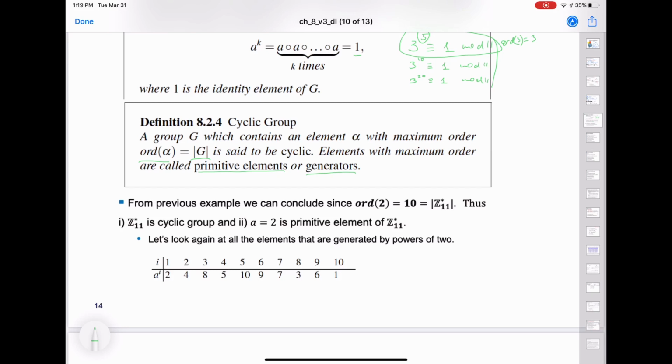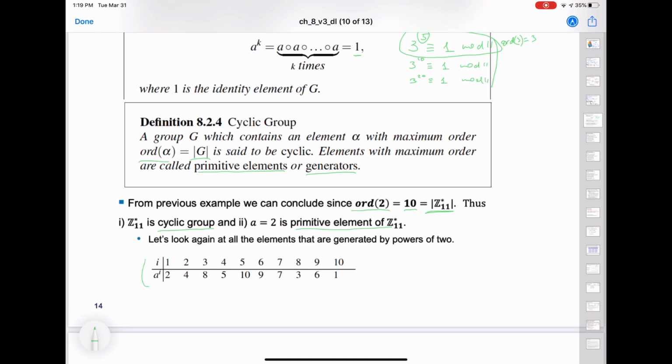So from the previous example, we see that the order of 2 is 10. Yes, so 10 is equivalent to the cardinality of the group. So 2 is the generator of Z11 star. So we say that Z11 star is a cyclic group because it has a generator. Yes, Z11 star is a cyclic group and alpha equal to 2 is a primitive element of Z11 star.